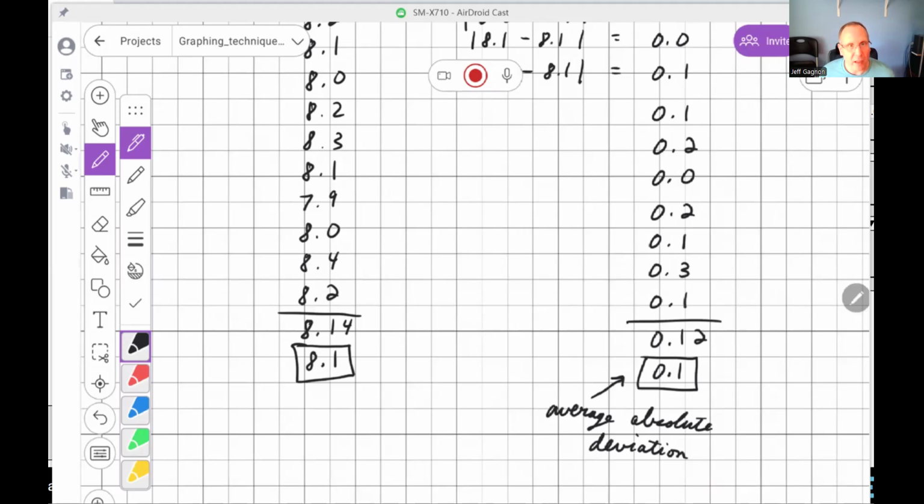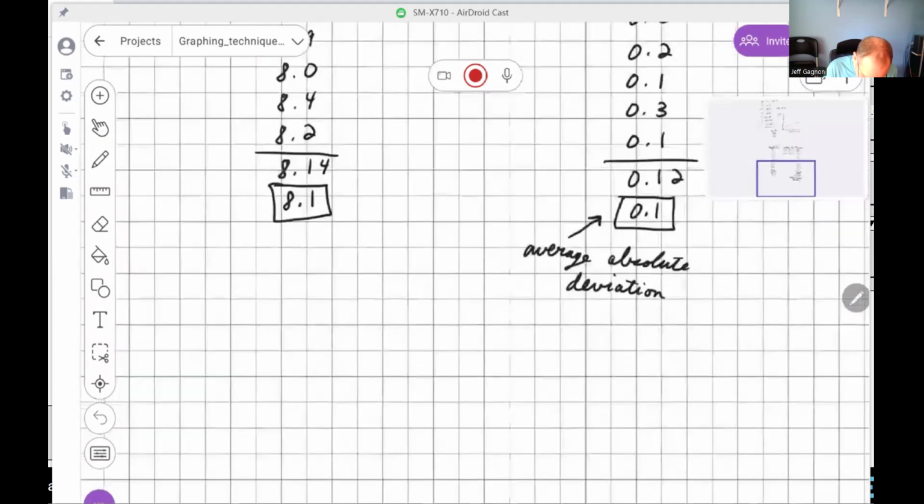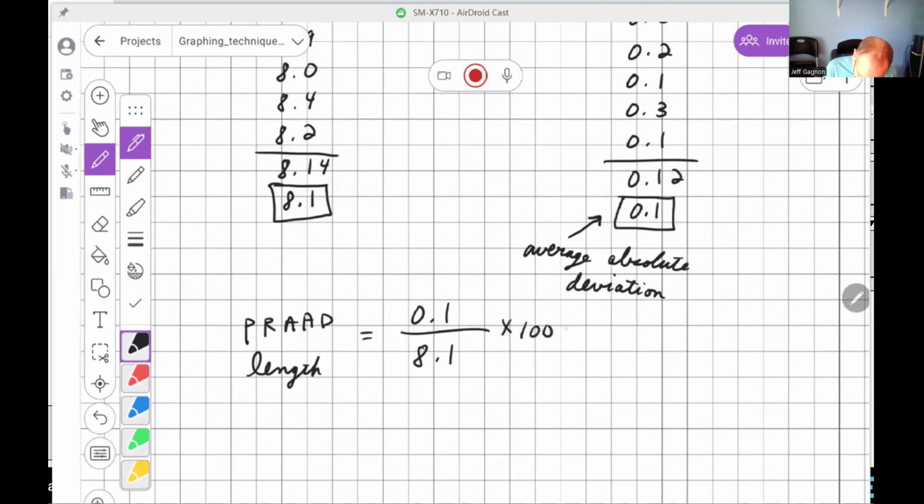Now when we compute PRAAD, the last step here, we're going to do a relative calculation. Let me write this out. I want PRAAD, the percent relative average absolute deviation, for length. It's going to equal my average absolute deviation, which is 0.1, divided by my average value, in this case my average length, and then times 100 to make it a percent.